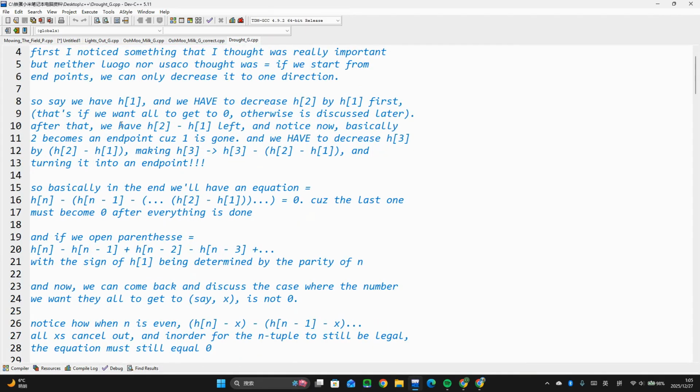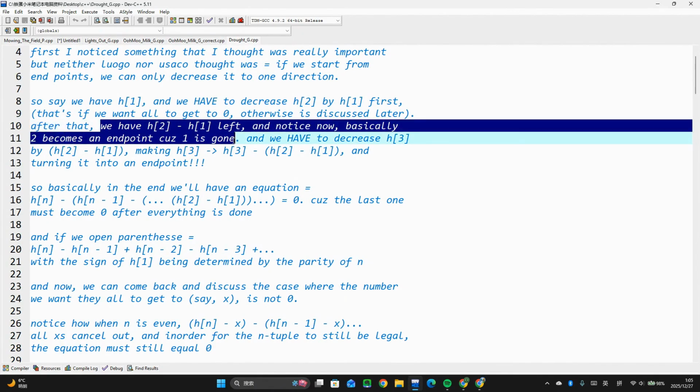Now we can just look at the formulas right here. Say we have h1, and we have to decrease h1 and h2, like I said, because h1 is an endpoint, and first we assume we want to get all of them to 0. So now we have h2 minus h1 left, and that is an endpoint now because h1 is gone.